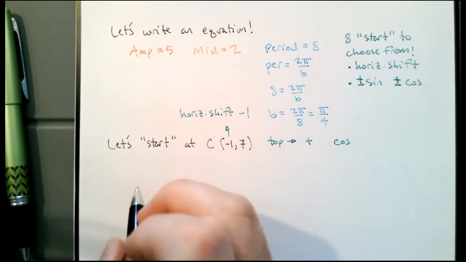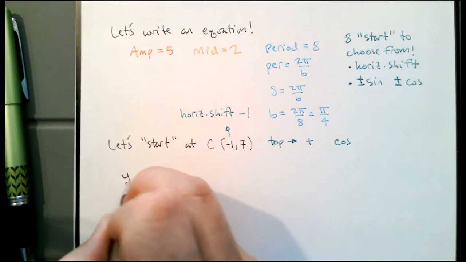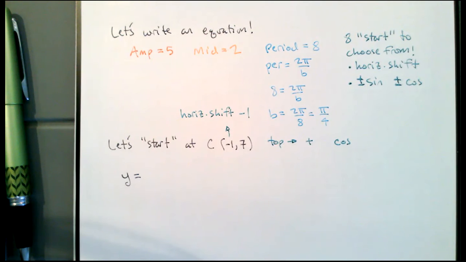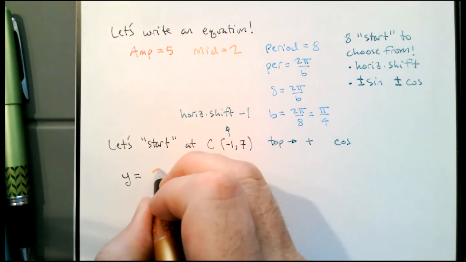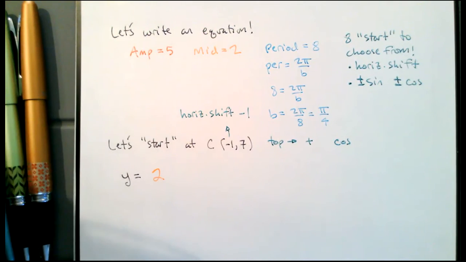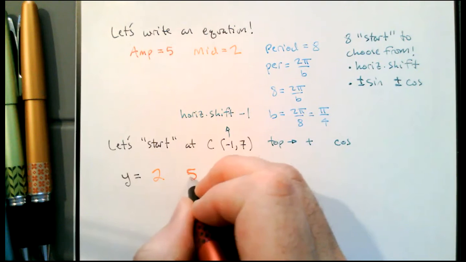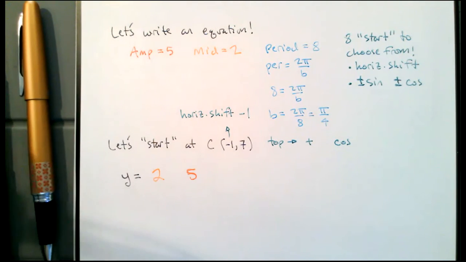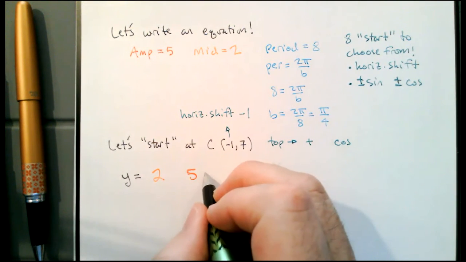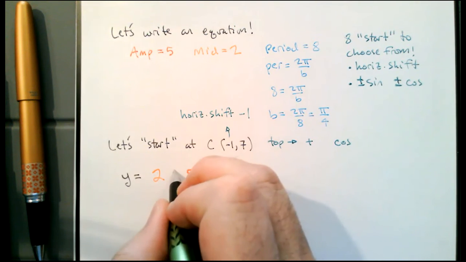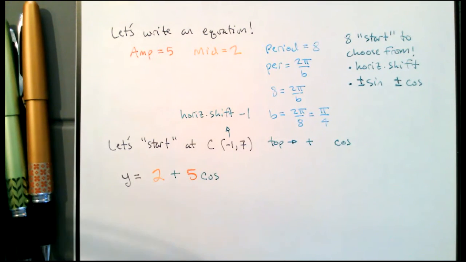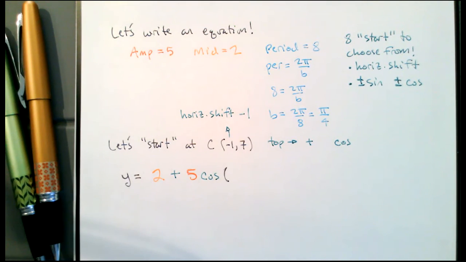Now we can write our equation. We start with a fixed value. So let's start at the mid. The mid is 2. The amplitude is 5. That's going to be the coefficient of the trig function. The trig function that we're going to use is cosine because we're starting at the top, and it's a positive cosine. In parentheses, we'll have a coefficient of theta that we get from the period.